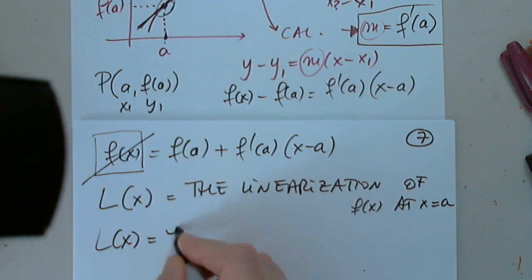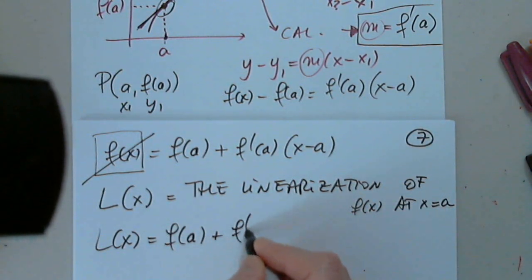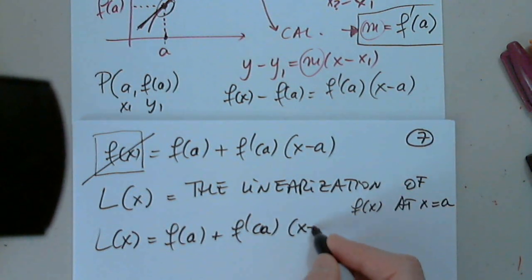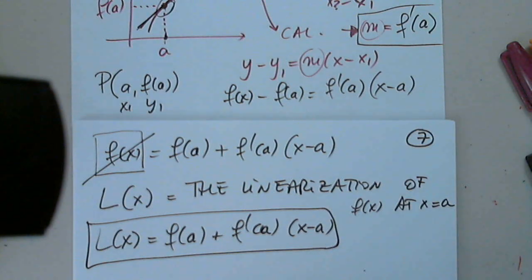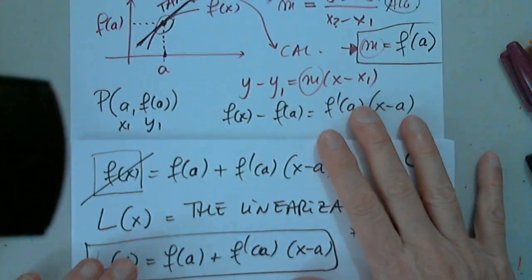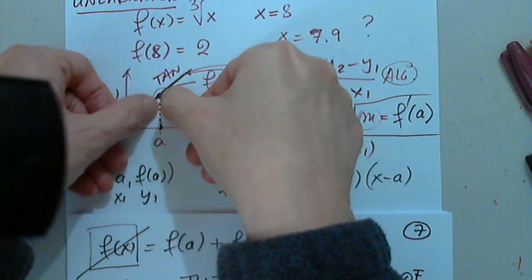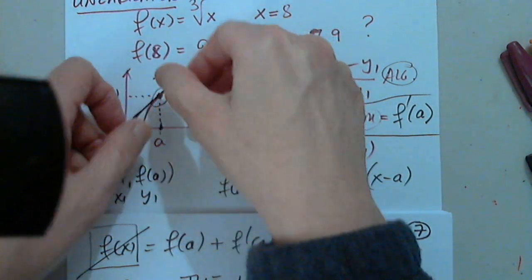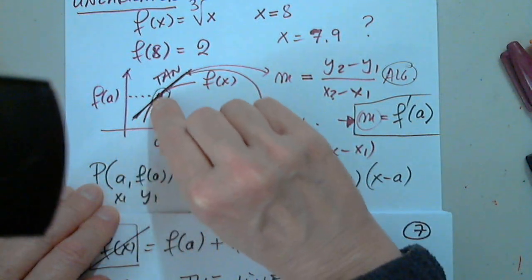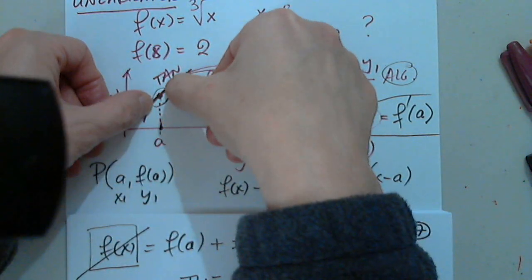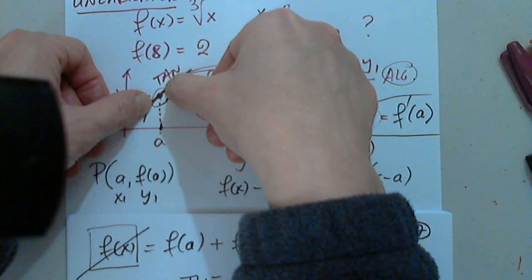L of x equals f of a plus f prime of a, x minus a. Again, what does this mean? It means that very close to a, if I use the function to evaluate, or if I use the line to evaluate, the error will be very small.